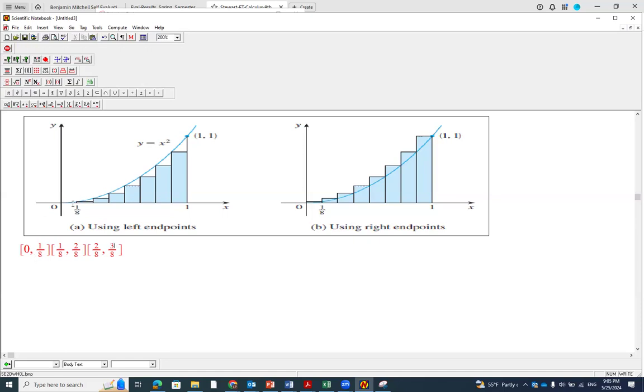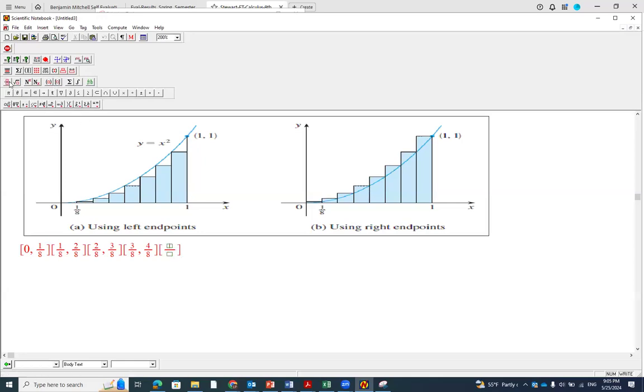So this interval right here is from 0 to 1/8, 1/8 to 2/8, 2/8 to 3/8, 3/8 to 4/8, and so on and so forth. I'm showing you these intervals. So 3/8 to 4/8, which is half, but we're not going to reduce it.